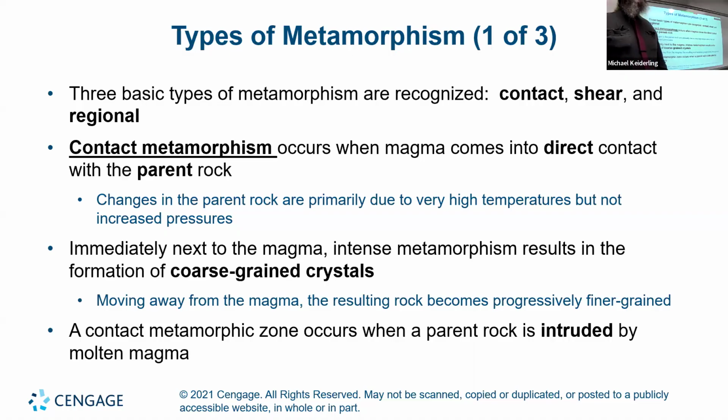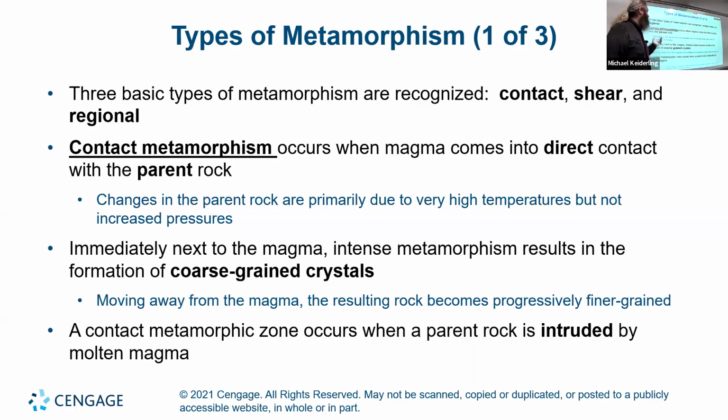And there's three basic types of metamorphism. Contact metamorphism is when magma rises up through existing rock and heats it up. So contact metamorphism, when magma comes in direct contact with the parent rock, it cooks it, gets it very hot, and that causes it to metamorphose.